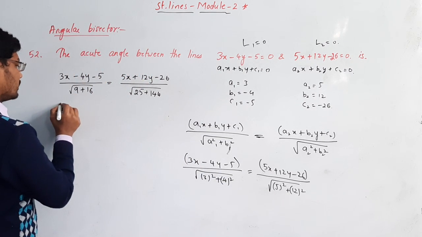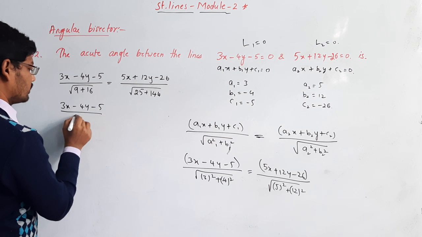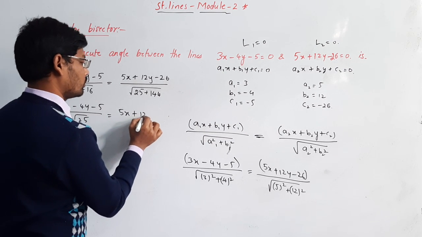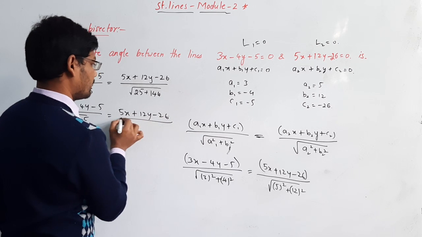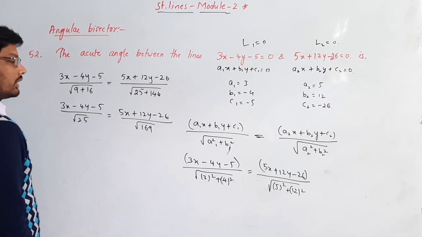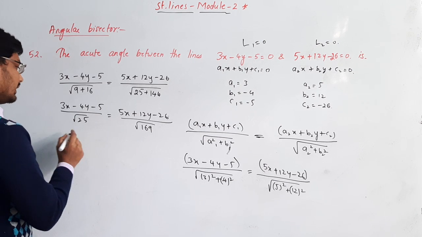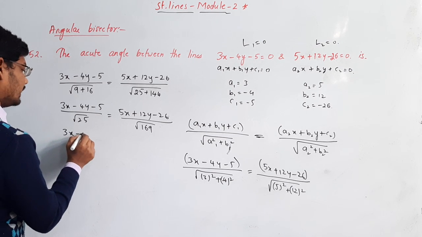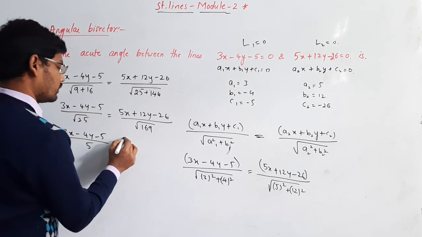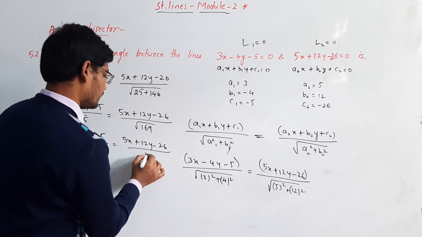Let's add the values. 25 plus 144 is 169. Square root of 25 value is 5. Square root of 169 value is 13. So (3x minus 4y minus 5) by 5 is equal to (5x plus 12y minus 26) by 13.